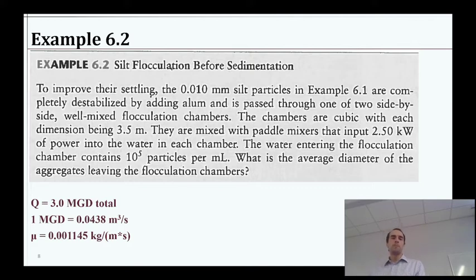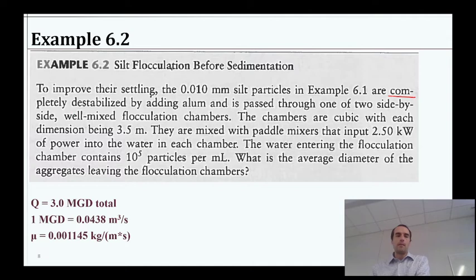So that's my plan. So we have a follow-up from the example we did last time, where we had 0.01 millimeter silt particles and the sedimentation basin was not able to remove all of them. So we're going to destabilize them. So this says to improve their settling, those same silt particles from that example are completely destabilized. So that's already giving us some information there.